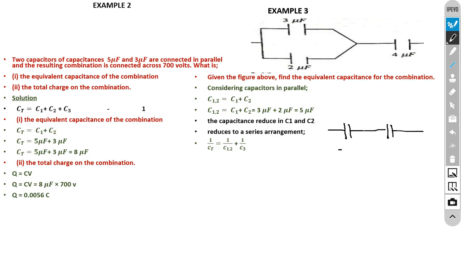So this is 5 microfarad. This one is 4 microfarad. So from here, all we need to do is to use the formula for the series arrangement to solve. And of course, you know that this one is C1,2, while this one is C3. So with that, we just go ahead and solve this.